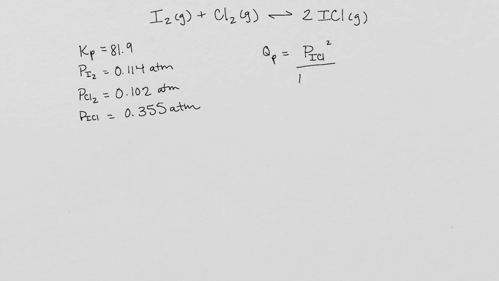Then we do the pressures of our iodine and chlorine gases. If we fill this out with numbers, we get 0.355 squared divided by 0.114 times 0.102, and this equals 10.8.